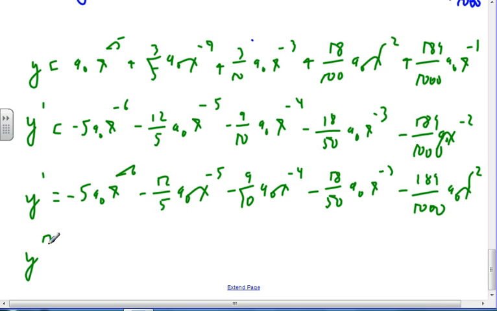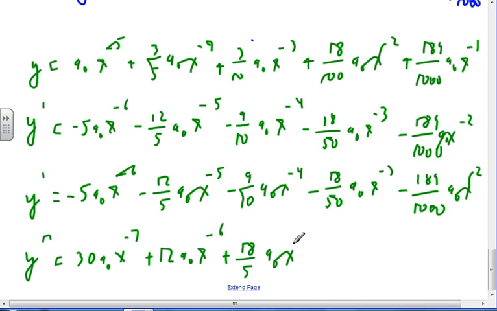Y double prime. 30 a0 x to the minus 7, 12 a0 x to the minus 6, 18 over 5 a0 x to the minus 4 or 5.